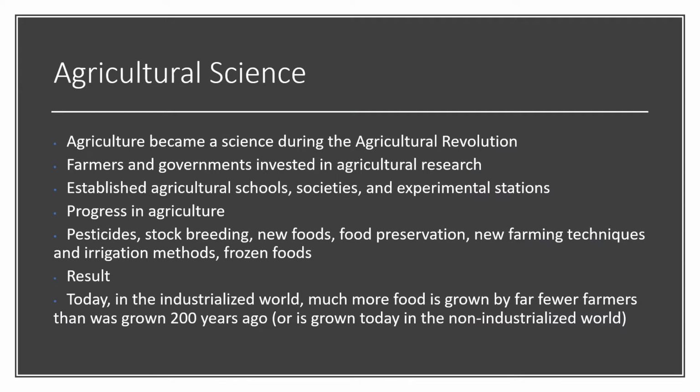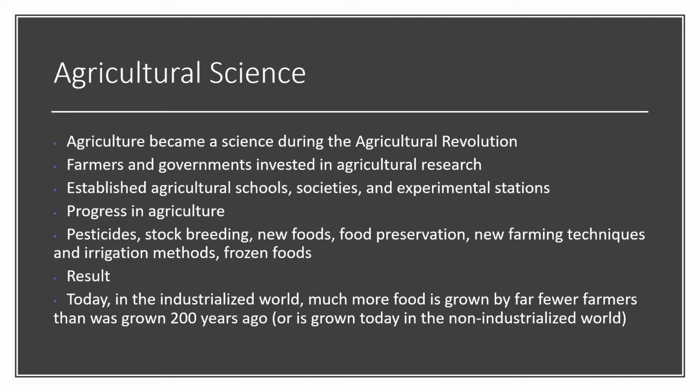And with science too, agriculture became a science during the Agricultural Revolution. Farmers and governments invested more in research. They established schools, societies, and stations. They established progress in agriculture. There was more use of pesticides, stock breeding, new foods, food preservation, farming techniques, irrigation, and frozen foods.